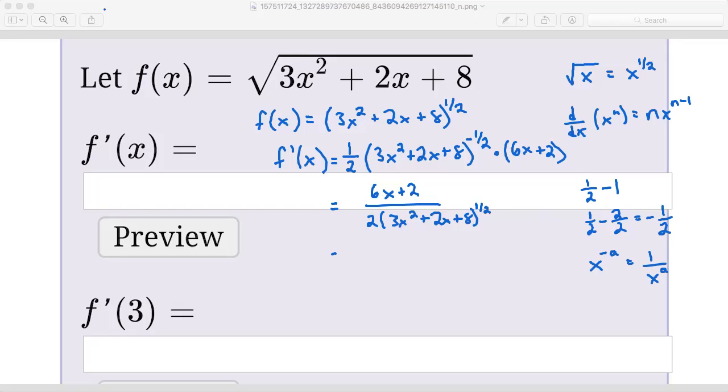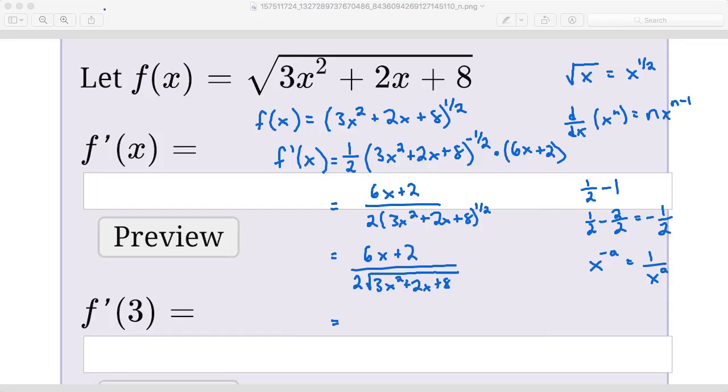So now what we can do is we can use our rule of fractional exponent of 1/2. We can change that back into a square root and make this 6x plus 2 all over 2 times the square root of 3x squared plus 2x plus 8. But then we have a factor of 2 on the outside, so let's factor out a 2 from the numerator as well.